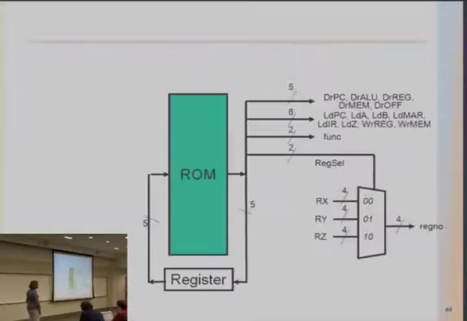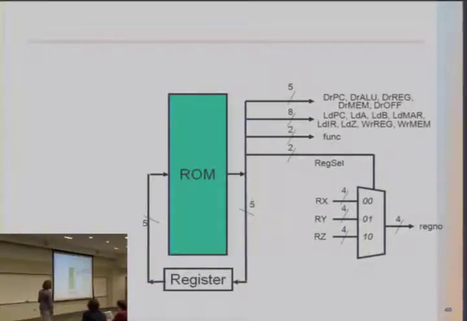So if we go back to our read-only memory and control unit, this is how it would be attached. If you remember, we had a state register that was passing the 5 bits of address to ROM. It would read, and whatever is on that address will be on our outputs for drive bits, for load and write bits, for function.